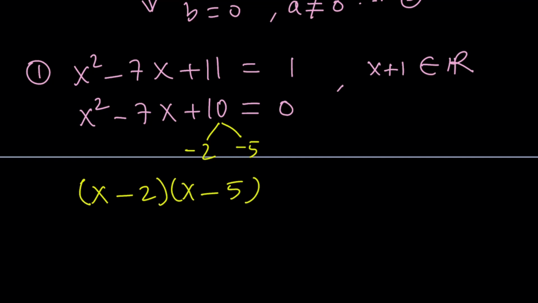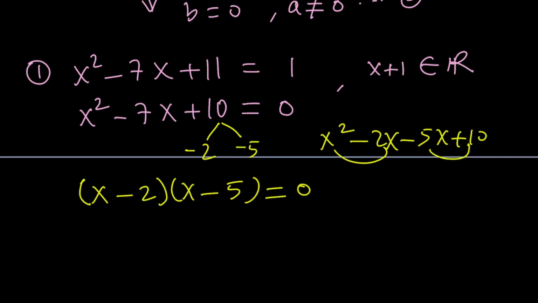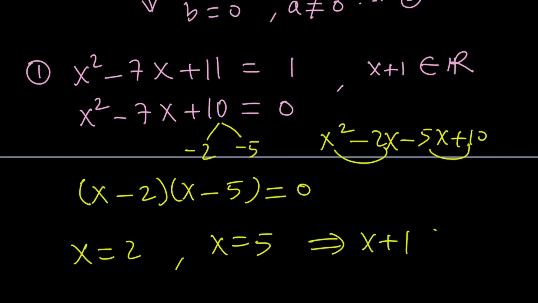You can also break it down into x² - 2x - 5x + 10, and then factor by grouping. It just turns out to be the same thing, but this is just a little faster. Anyway, from here we get the solutions x = 2 and x = 5. Since 2 and 5 are real numbers, this will definitely imply x + 1 is a real number. Make sense? So these solutions are going to be welcome.